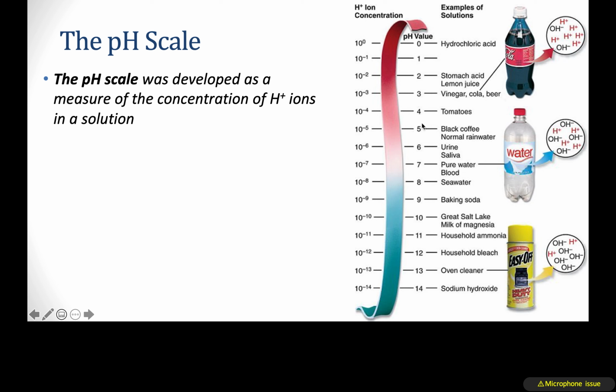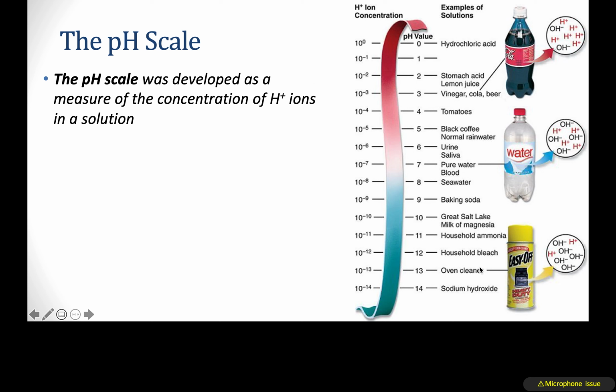So the pH scale was developed as a measure of the concentration of H plus ions. The more H plus, the more acidic. Soda is an acidic solution, and it has many more H plus ions than OH minus.